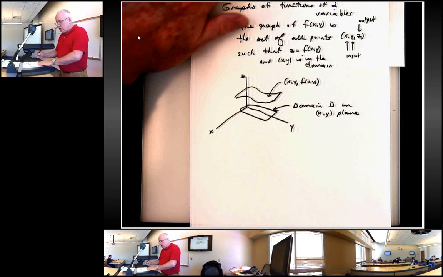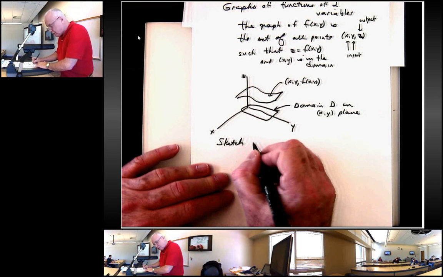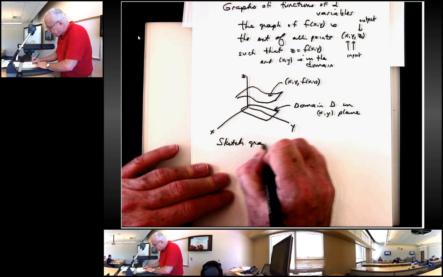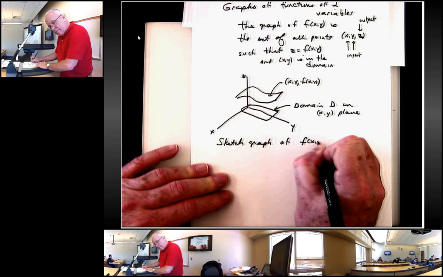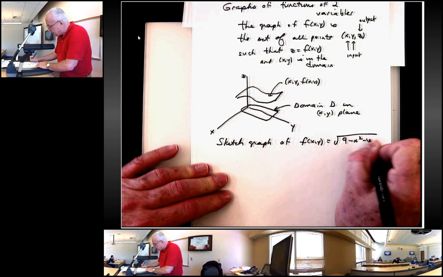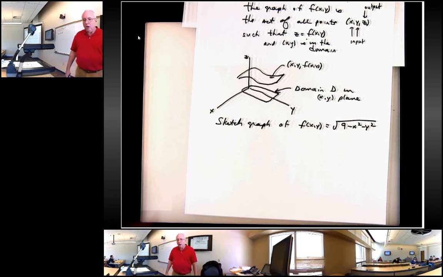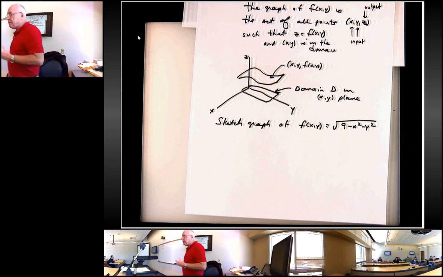So let's just sketch the graph of f of xy equal to the square root of 9 minus x squared minus y squared. All right, let's do a very rough sketch of that.